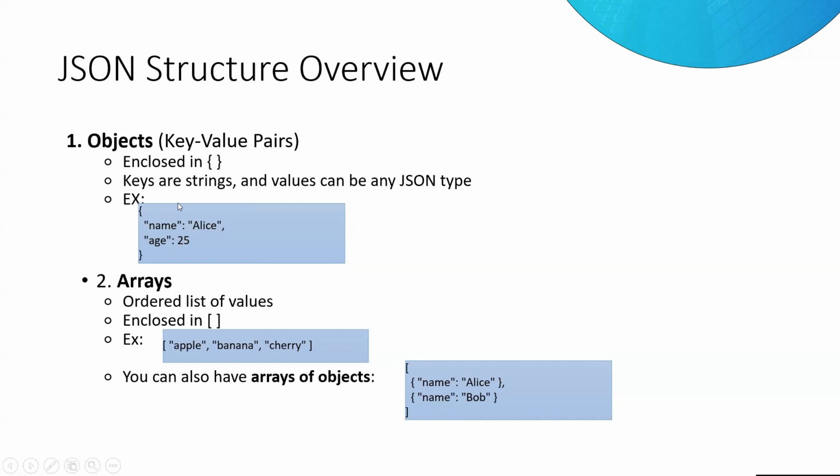So basically, an object will have key-value pairs, and it is enclosed within curly brackets. Now for an array, instead of enclosing between curly brackets, you enclose in square brackets, just like how you define an array in other scenarios, right? You can also have an array of objects: whatever you have in objects, you include in the array. So that becomes an array of objects, like the way that you see it over here.